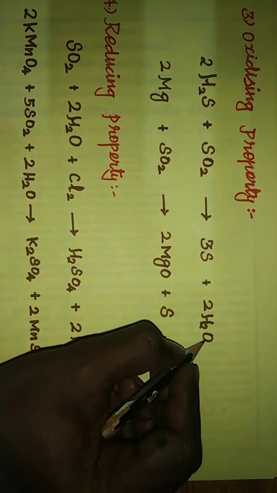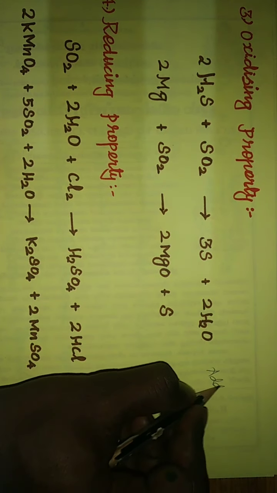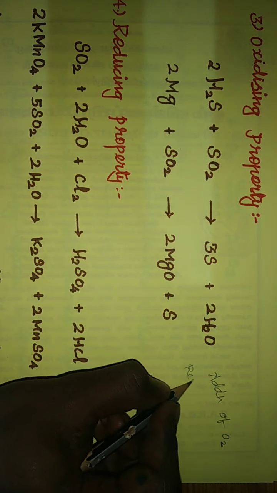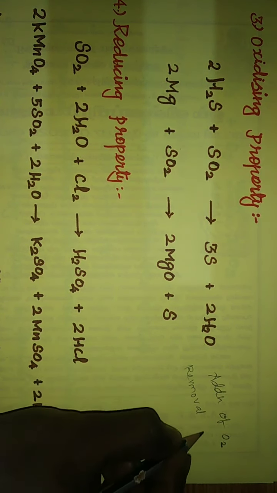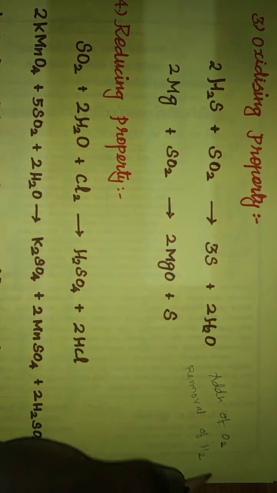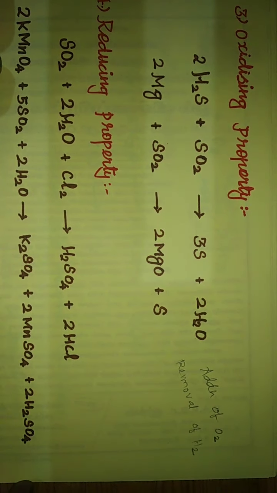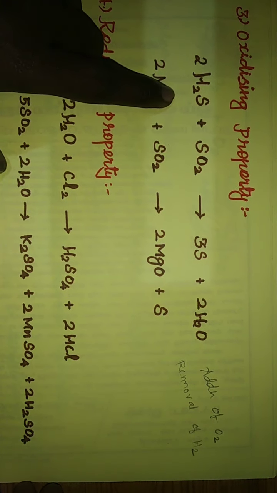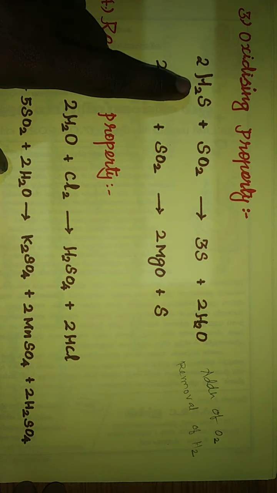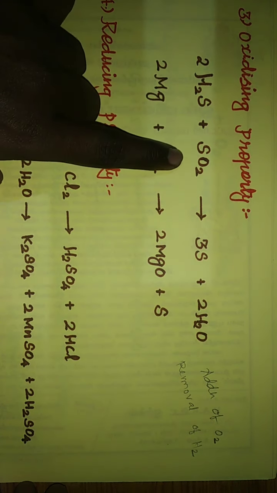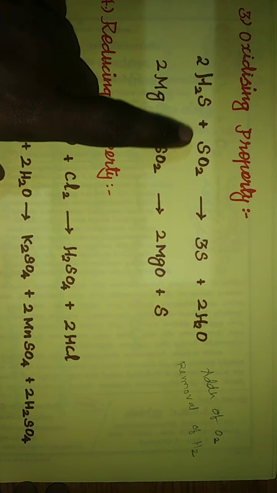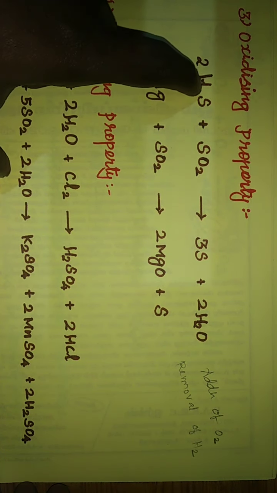Either addition of oxygen or removal of hydrogen. Here the species they have taken is H2S, that is hydrogen sulfide gas. When hydrogen sulfide gas reacts with sulfur dioxide, since it is an oxidizing agent, it removes hydrogen from the H2S.